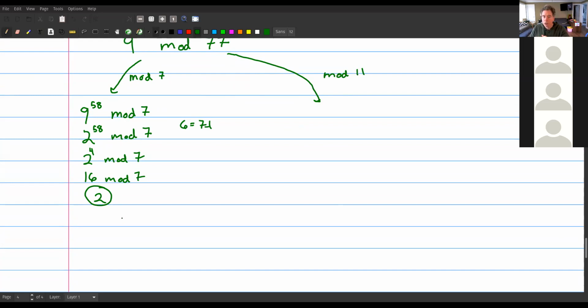All right, so let's go over here and do it on the mod 11 side. We have 9 to the 58th power mod 11. 9 stays 9, but you can reduce 58.